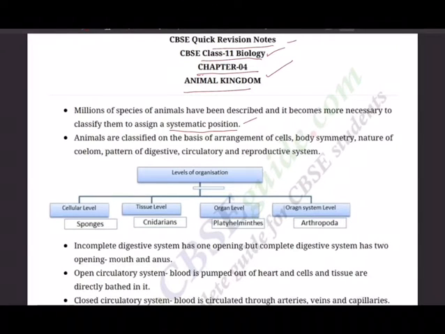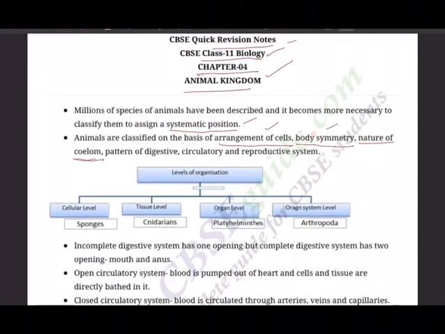So basically, animals are classified on the basis of arrangement of cells. First of all, whether cells are there, cells joined together, tissues are formed, and whether tissues form organs, organs joined together, organ systems are there. So this is the first thing. Then body symmetry. What is the shape of the body of the animal? Then nature of the coelom.